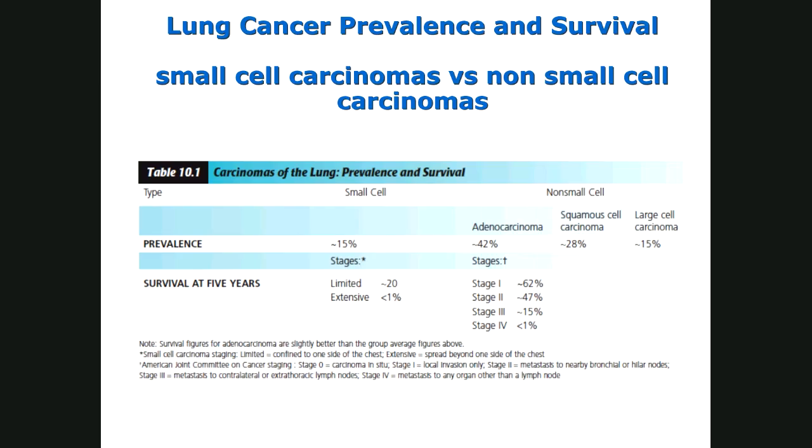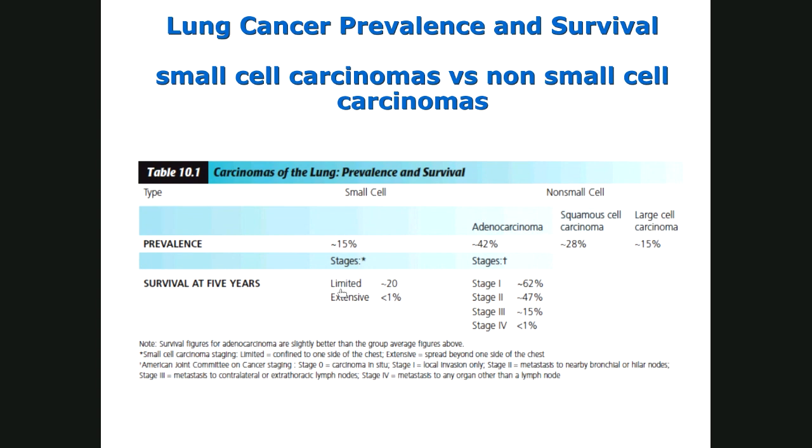This is important also, I want you to know, that for small cell carcinoma versus non-small cell carcinoma, the people who have small cell carcinoma, their 5-year survival rate is dismal. Okay? If it's limited, in the small cell carcinoma, then 20% of them survive.